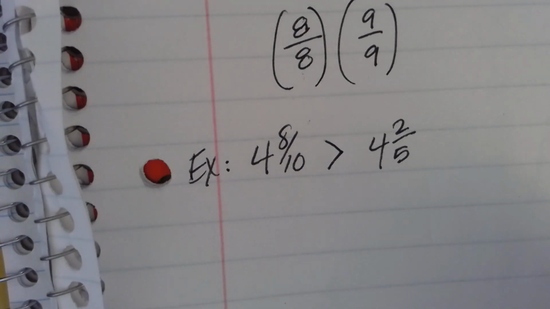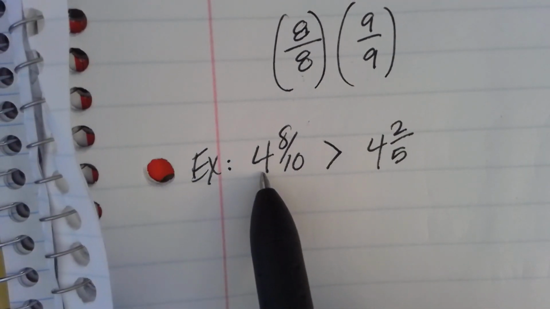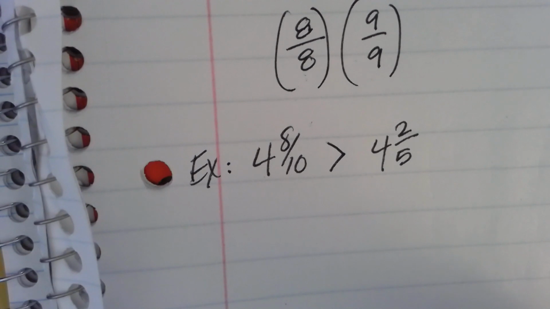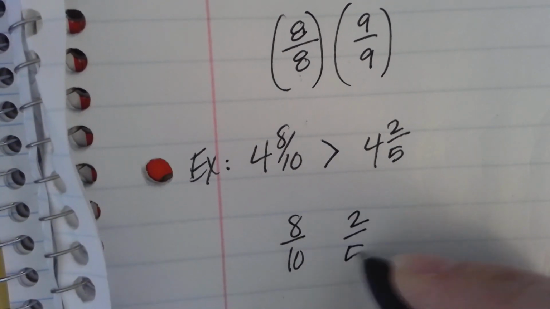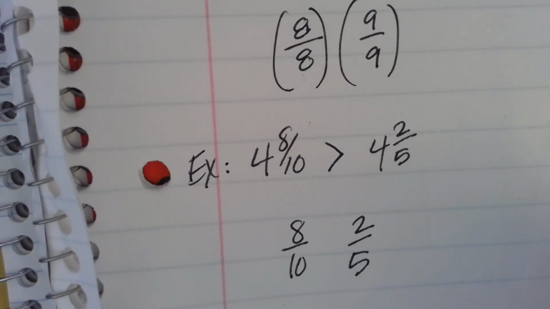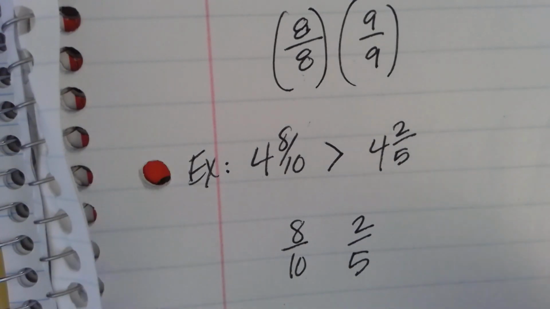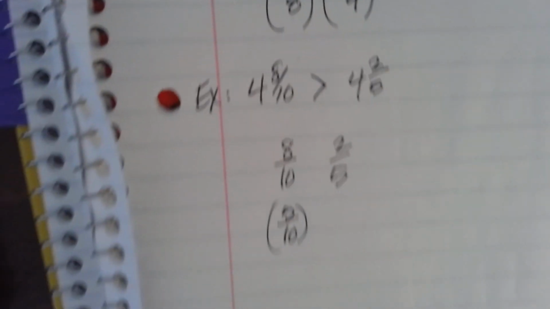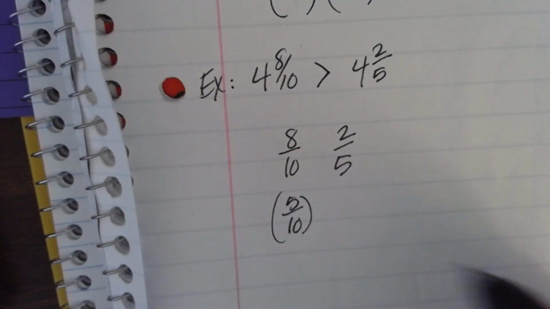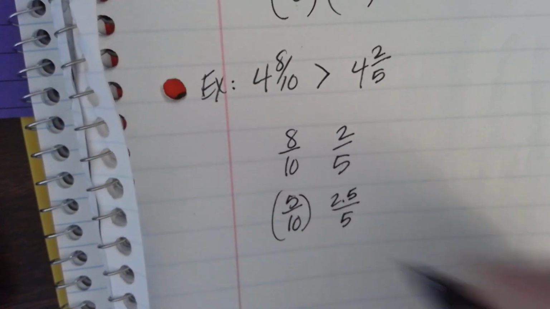So let's walk through this in case you didn't get it right. First thing that we would want to do, like we did in step 1 up at the top, is compare our whole numbers. They are both 4, so they're equal. Now, you need to take 8/10 and compare it to 2/5. One of the things that you might notice, if we compared them to halves, half of this first fraction would be 5 over 10, and half of 5 would be 2.5 over 5.